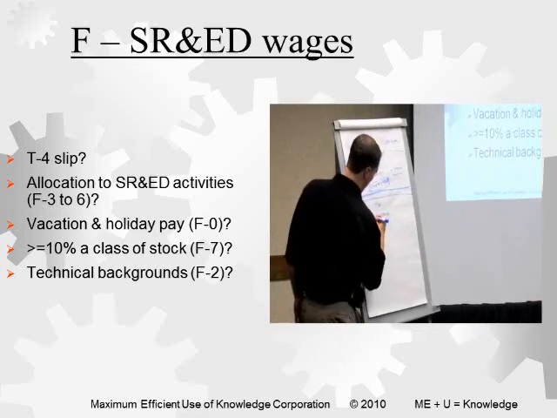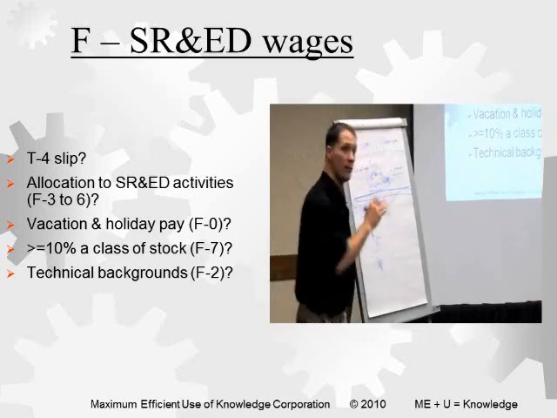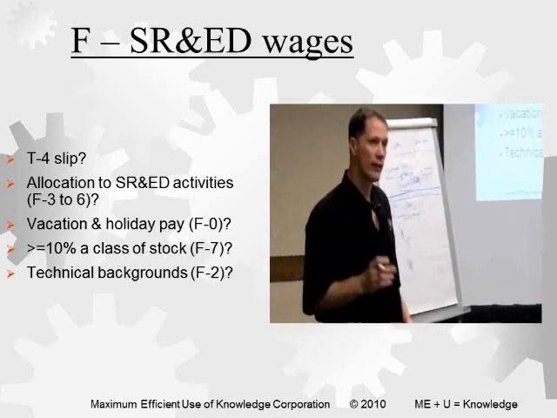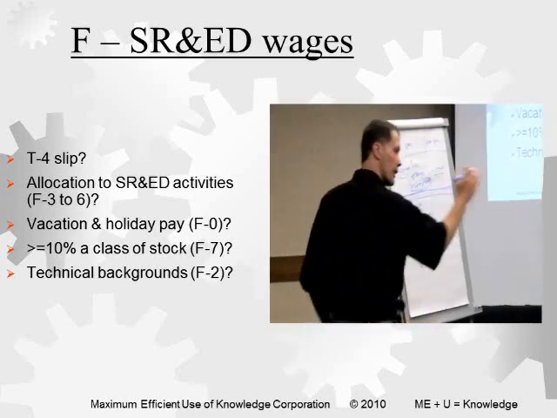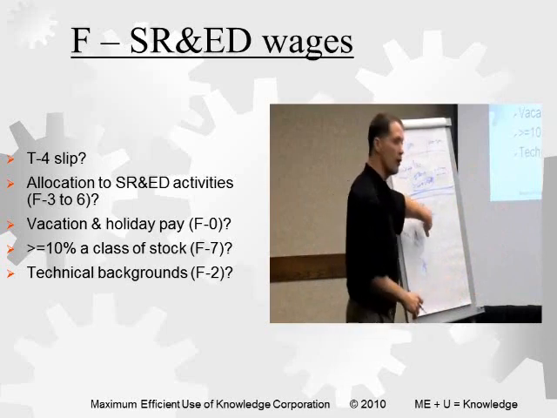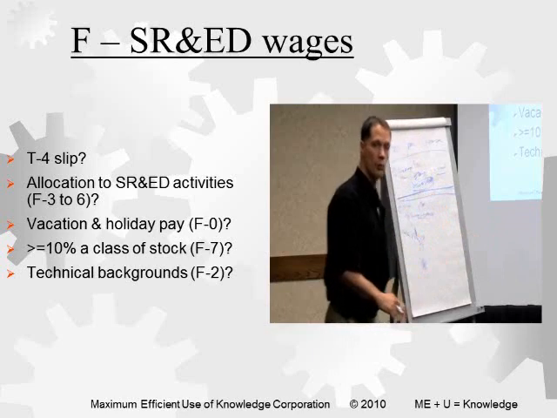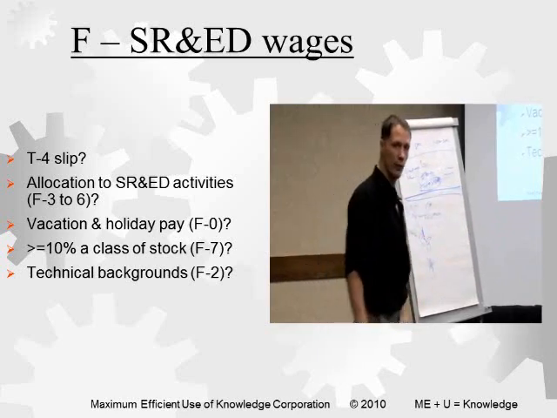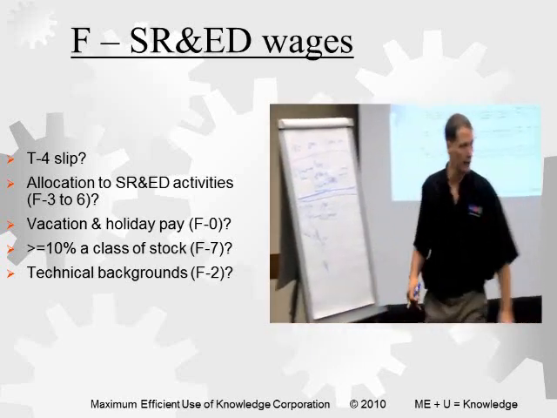So the limit on what we can allocate for overhead to multiply by 65% is roughly 115,000. So only the first 115,000 that we get the overhead allocation on as a specified employee. Non-specified, no problem. If I pay the guy $500,000, that's the $500,000 that I use to allocate my overhead allocation.